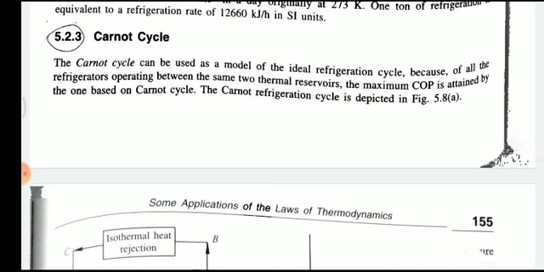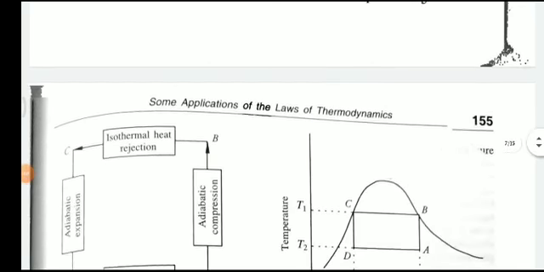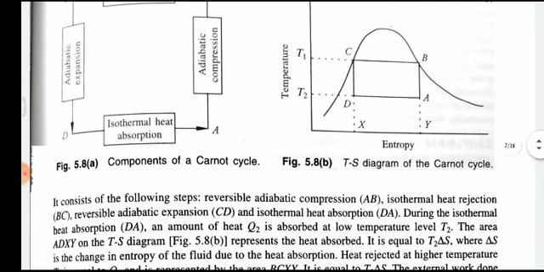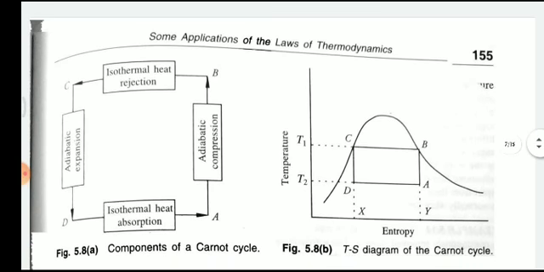So the coefficient of performance, for the two thermal reservoirs, lower and higher, the maximum COP is attained by the one based on the Carnot cycle, and the Carnot refrigeration cycle is shown in the figure. The detailed learning about this Carnot cycle we will discuss in the next lecture.